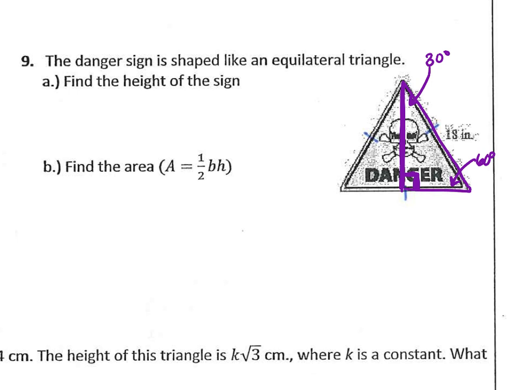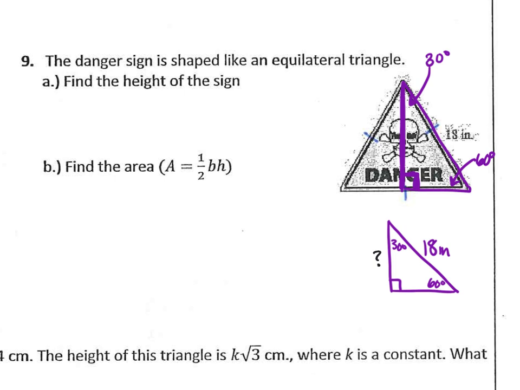If it's too hard for you to see this, draw a new triangle underneath it just to clear this up. This is 60 degrees. This one would be 30 degrees. And the one piece of information they gave us is that this is 18 inches. We want to find the height of the triangle, so we want to figure out what this is right there.